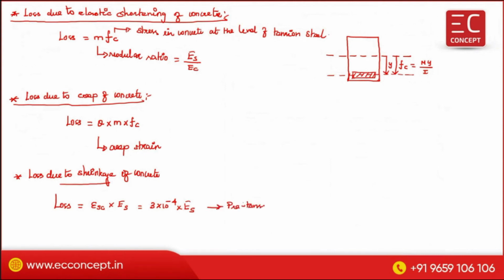Next, loss equals strain in concrete into Young's modulus of steel, which is 2 into 10 raised to minus 4, the whole divided by log(t + 2), into Young's modulus of steel. This is for post-tensioning member.